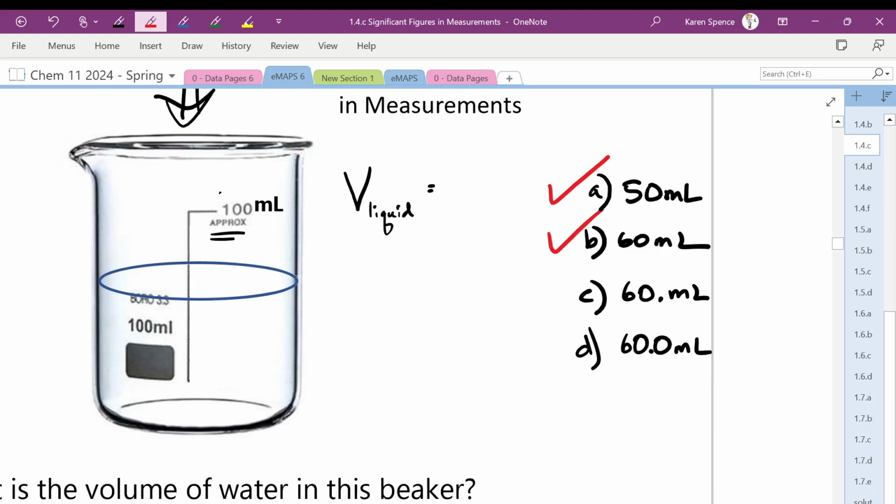Now, this is because in science, a decimal has a specific meaning in a measurement. A decimal in the measurement means that zeros to the right of non-zero digits are significant.